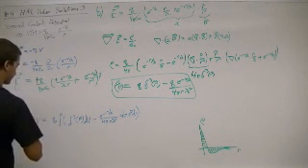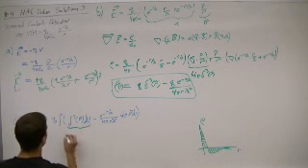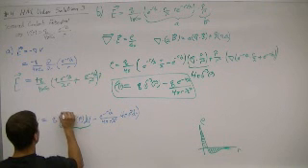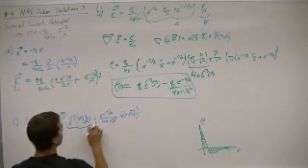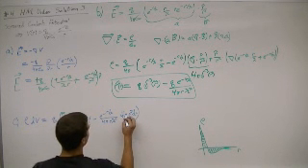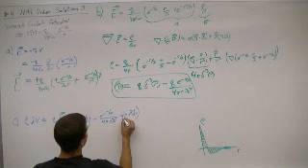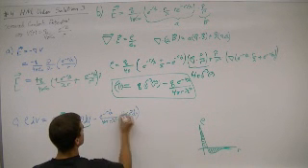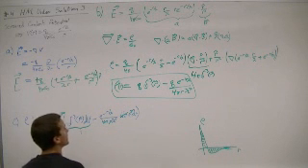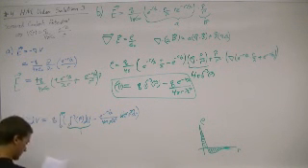But the first integral, by definition, is going to be 1. Then for the volume element dV, we can just rewrite this as 4 pi r squared times dr, make these cancellations, and then see what we're left with.